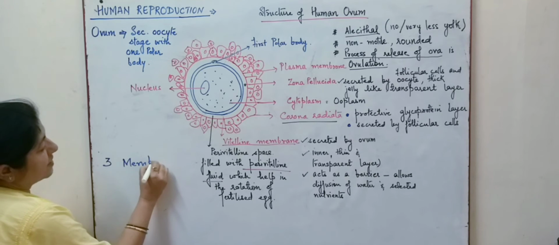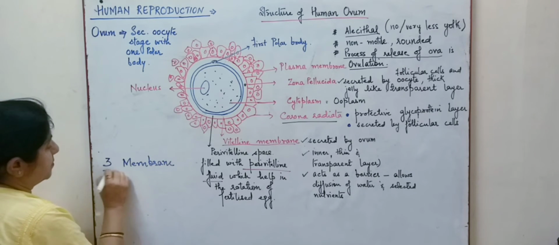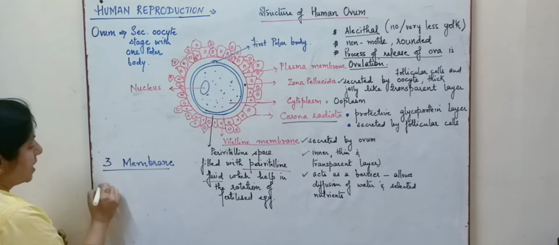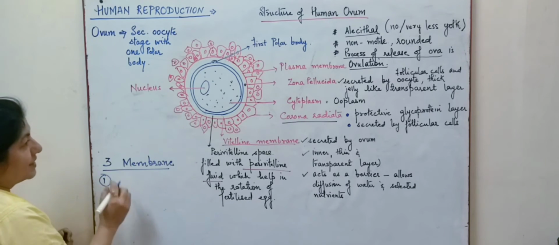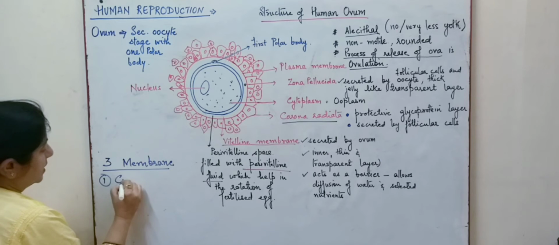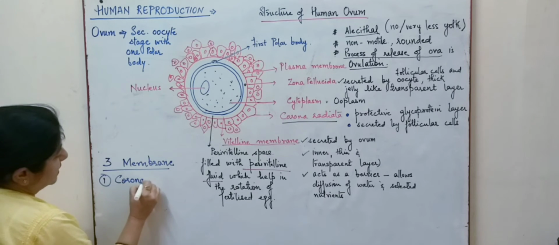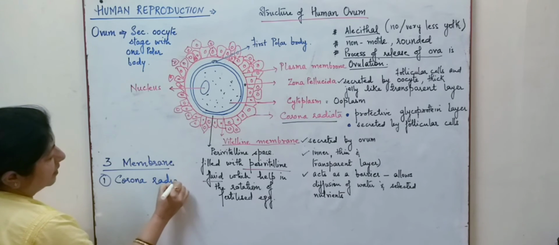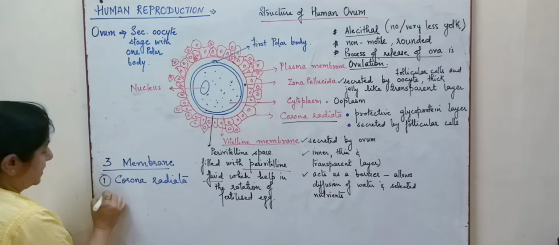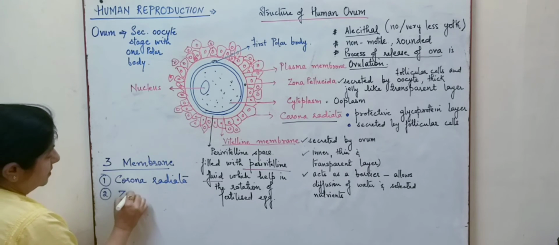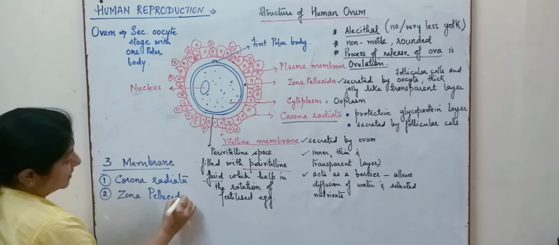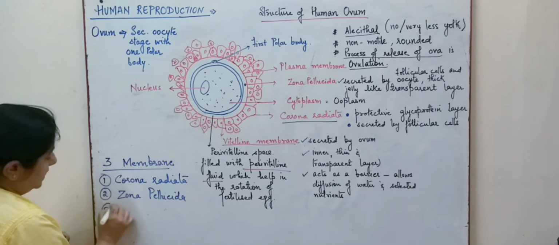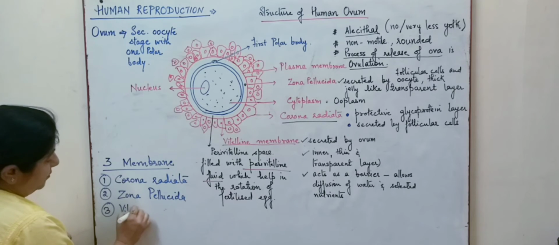Now, coming to the structure, the ovum has three membranes. We'll be discussing the function of each of the membranes in detail over here. The first layer, or the membrane that we find over here, is corona radiata. The second layer is zona pellucida. And the third layer over here is the vitelline membrane.